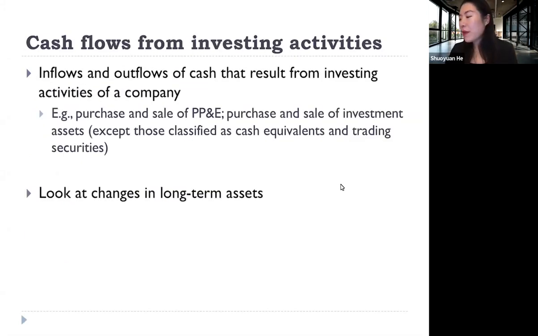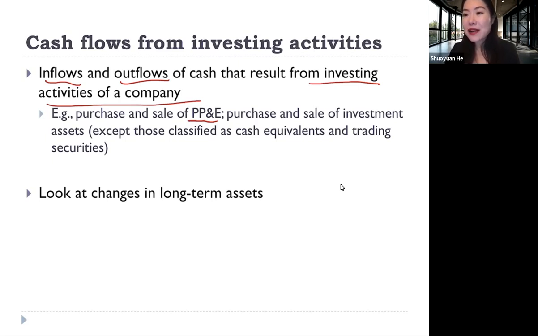So cash flow from investing activities. We just talked about cash flow from operating activities. Now it's cash flow from investing activities. Cash flow from investing activities are inflows and outflows of cash that result from investing activities of a company. Examples are purchase and sales of PP&E. So if a firm purchases PP&E, purchases equipment, that's an investing activity.